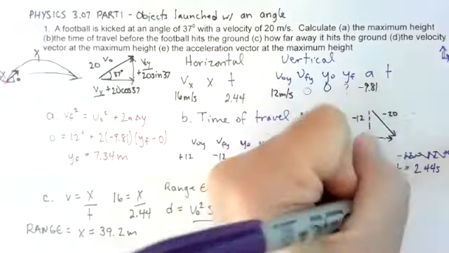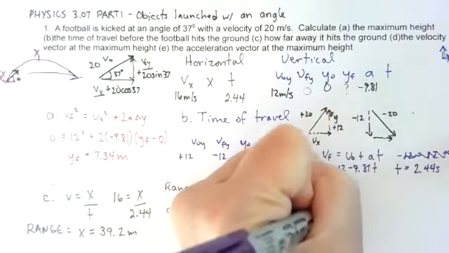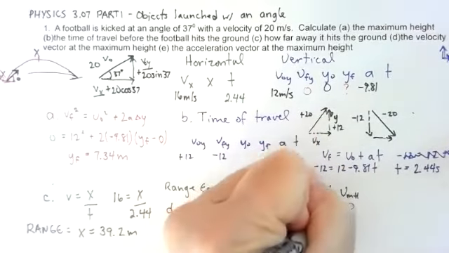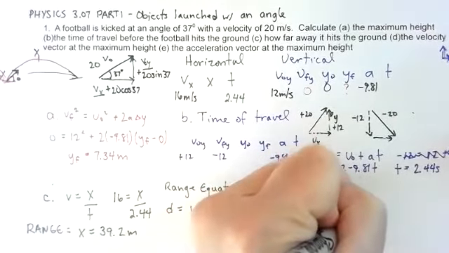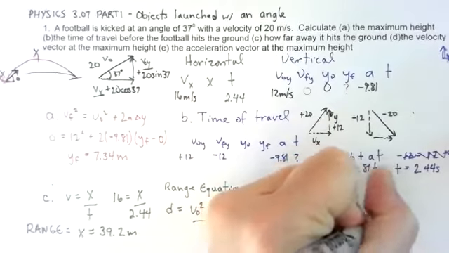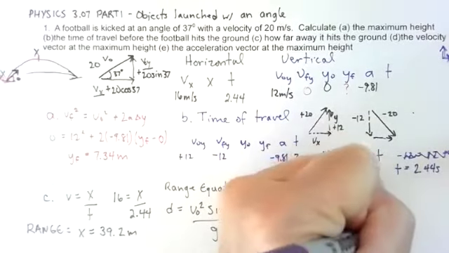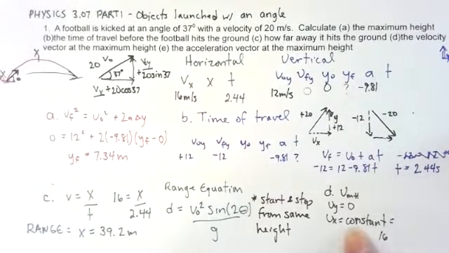Well, hopefully you said that at the top of the flight path, my vertical is 0 and my horizontal is constant. So whatever it was that I started with is what I've got now, and in this case, it's going to be 16. It's very common when you're asked what's the velocity vector at the maximum height for people to say 0 because they get used to this.